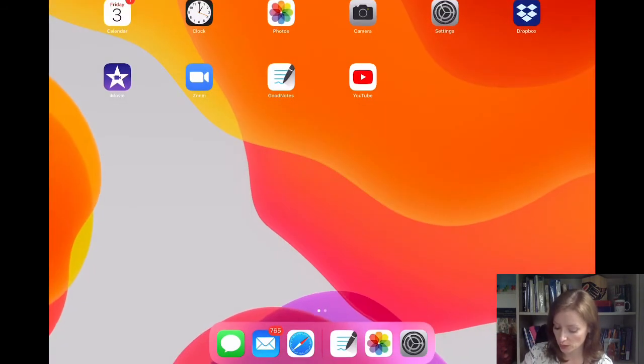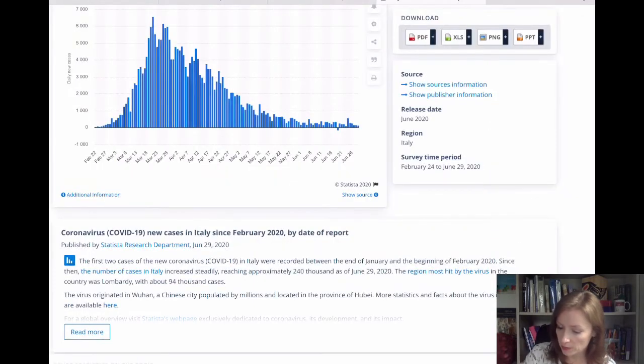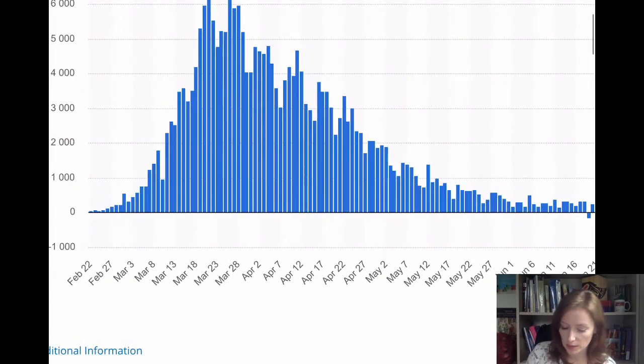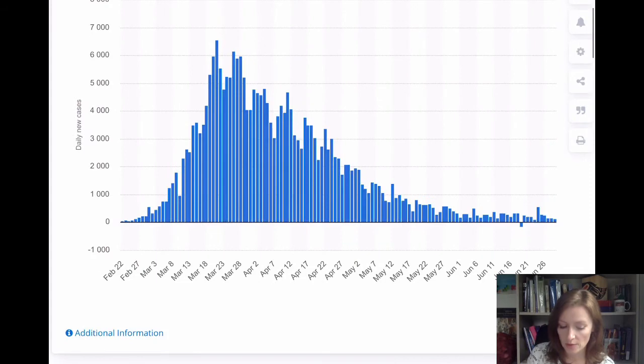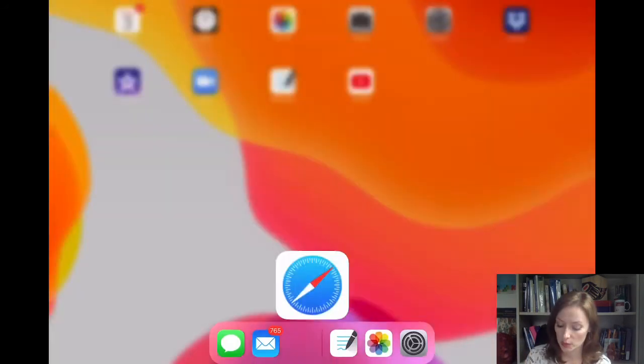I just see the total number. But there are graphs that have that as well, right? So this is the graph for the daily new cases, and we can see that the number of cases spiked at around mid to late March. So my eyeballing approximation from the previous graph is confirmed by this other graph that is actually more useful, contains better information to answer this particular question.